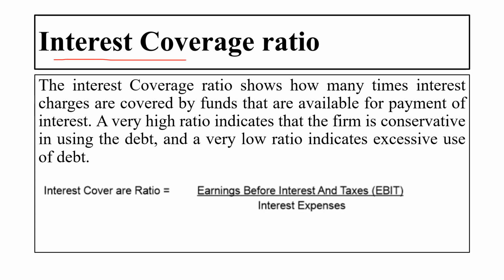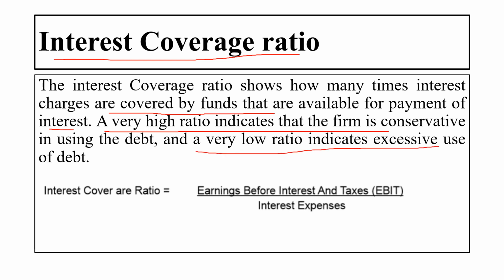Then there is the interest coverage ratio. The interest coverage ratio shows how many times the interest charges are covered by the funds available for the payment of the interest. A very high ratio indicates that a firm is conservative in using debt, and a very low ratio indicates excessive use of debt.